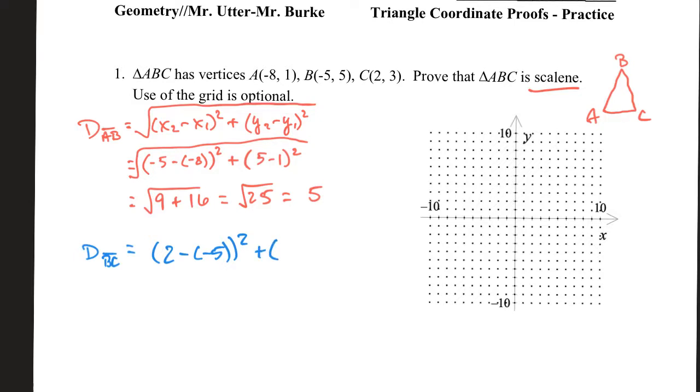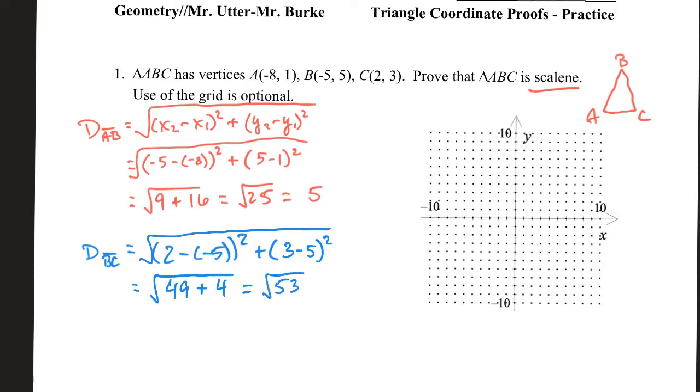And then I have my y2, which is 3, and I'm subtracting 5, all underneath the radical. So I got 2 minus a -5, which turns into 2 plus 5, which is 7. 7 squared is 49. Then I got 3 minus 5, which is -2. -2 squared is 4. 49 plus 4 is 53.